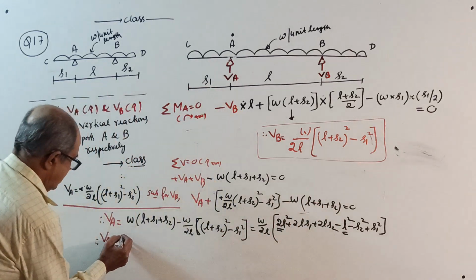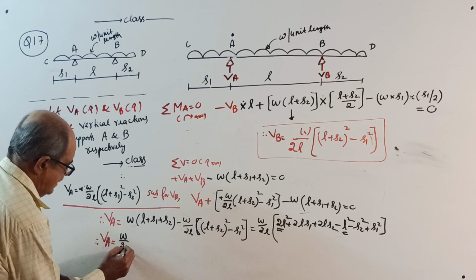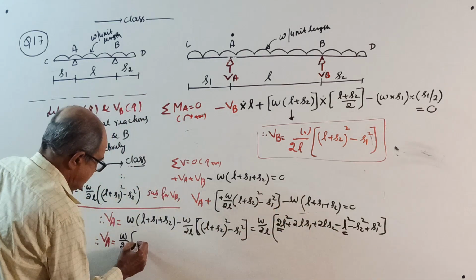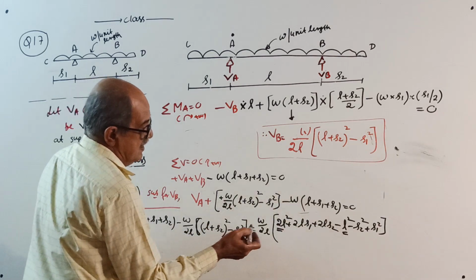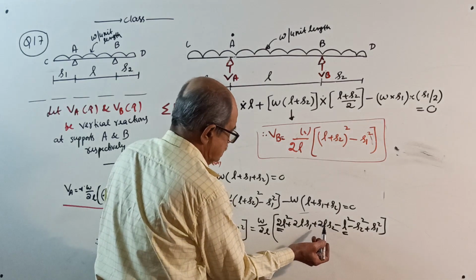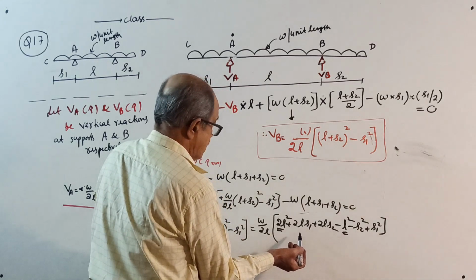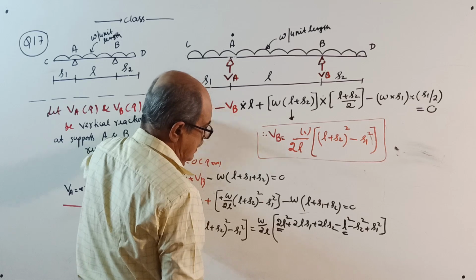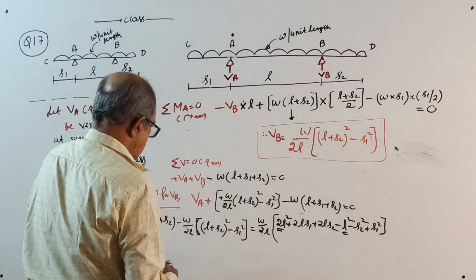First of all, outside W by 2L into 2L square minus L square is L square, then plus 2LS1 plus 2LS2. One number is missing. I think one number is missing here. One minute.